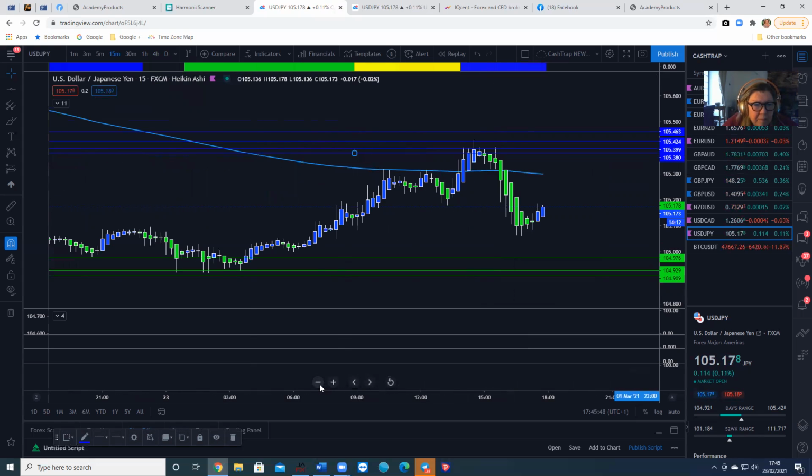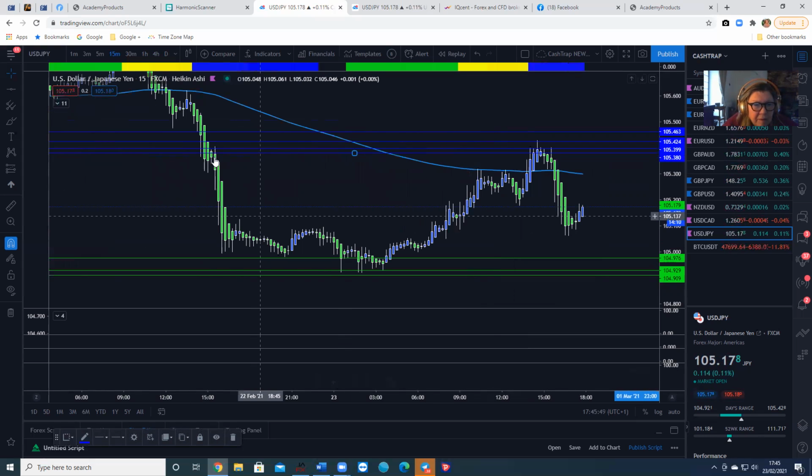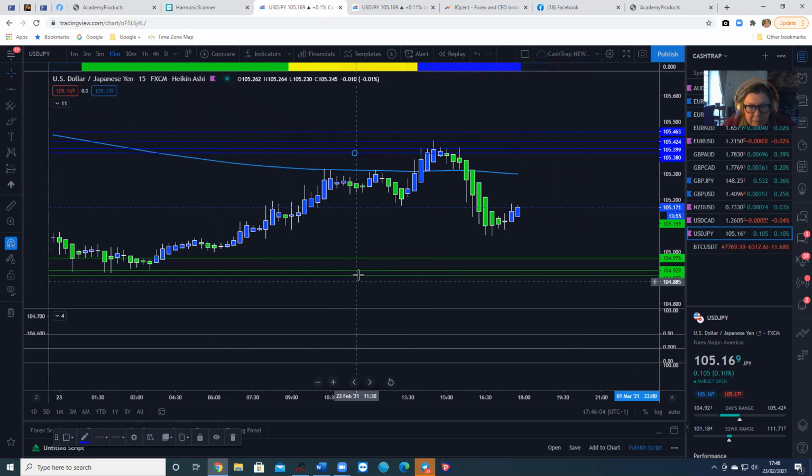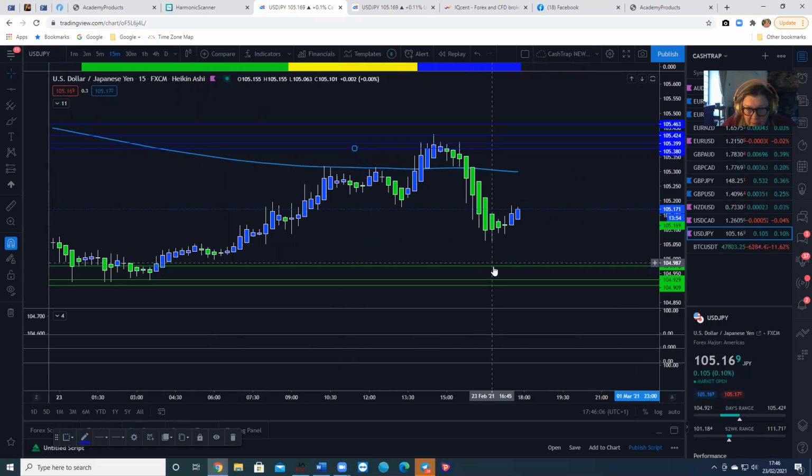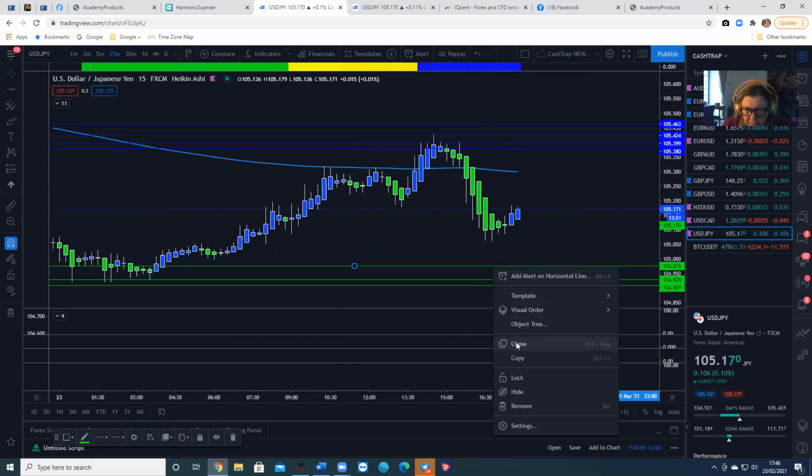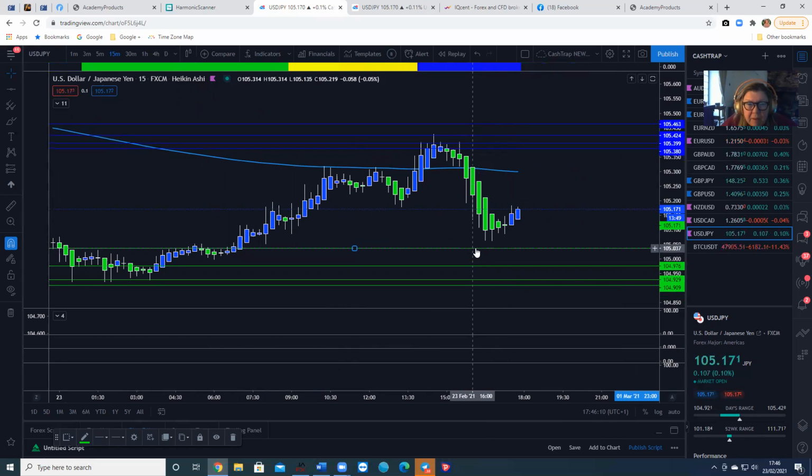Where does that take us back to? That takes us back to that body of that candle there, that opening of New York back there. And then one more down here. Clone that again. Look for the low of the day on the 15 minutes.